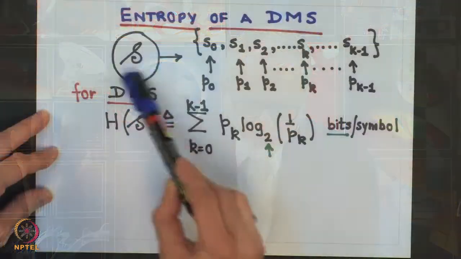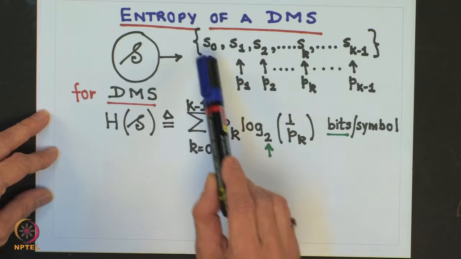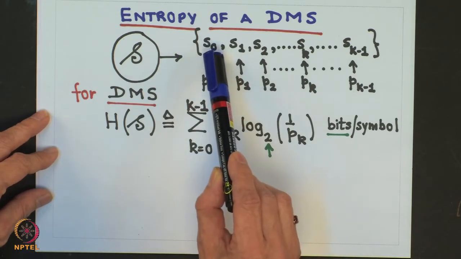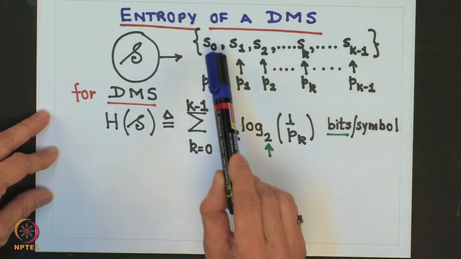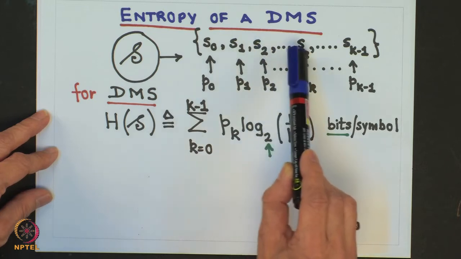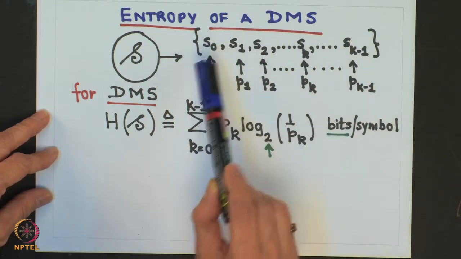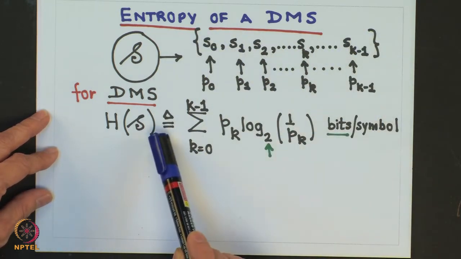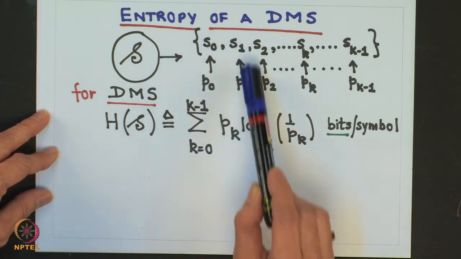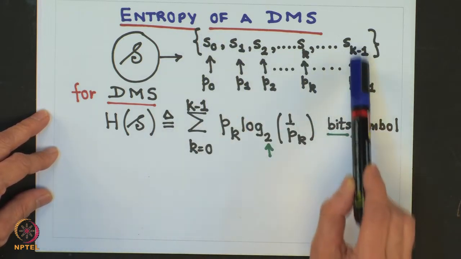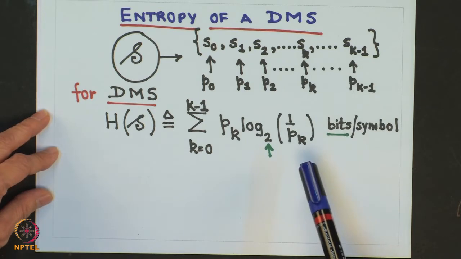So, the entropy of a discrete memoryless source was defined as shown on this slide. We have a source and it has a source alphabet, and each of these elements in the source alphabet is a symbol or letter, and to each of these symbols we assign the probability of occurrence.